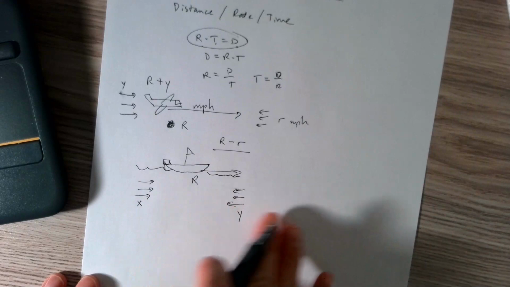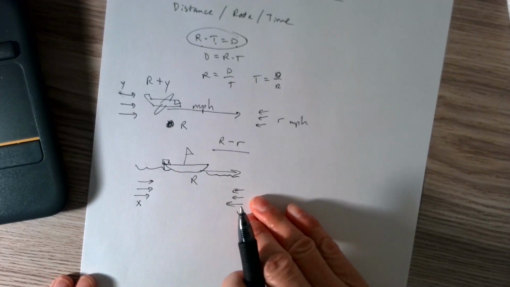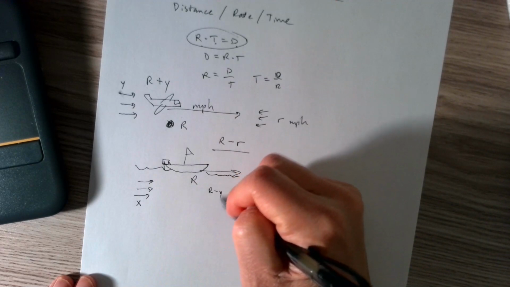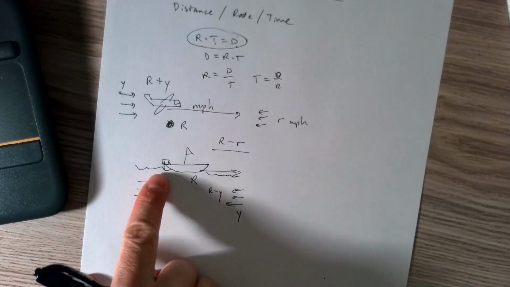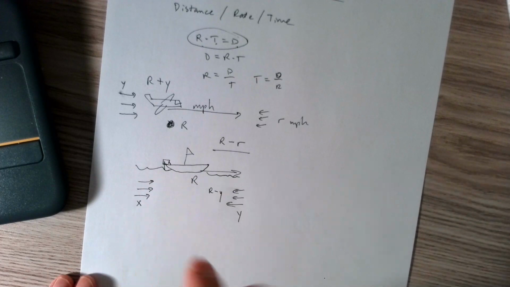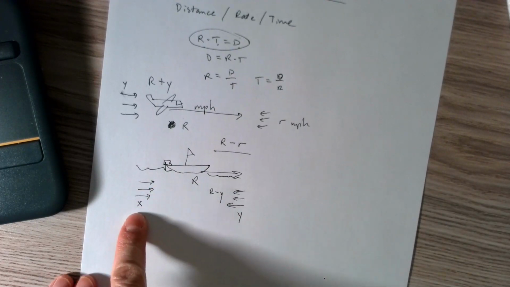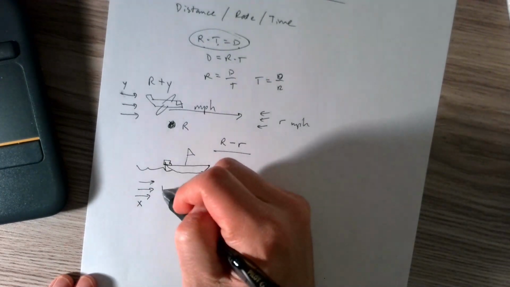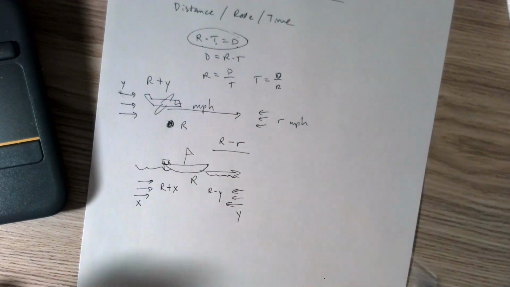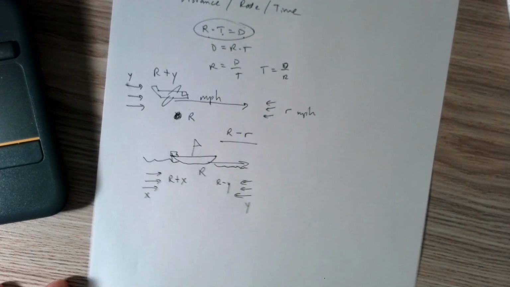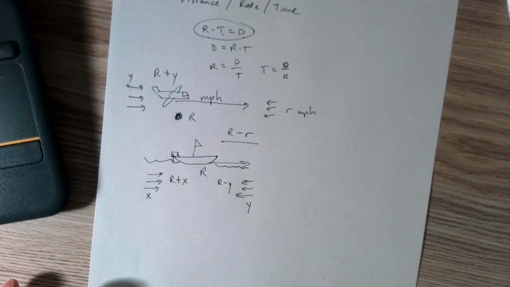So when it's going upstream, then the current is making the boat go slower, so the overall rate would be R minus Y. If the boat is going downstream, then that current with rate X will help it go faster, so the overall rate will be R plus X. Okay, so keep those two situations in mind.